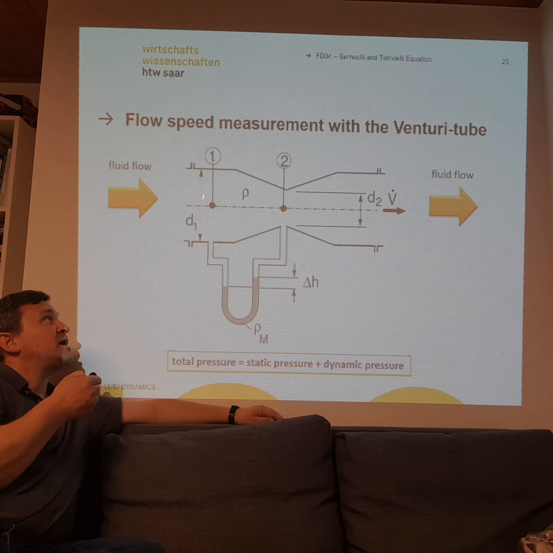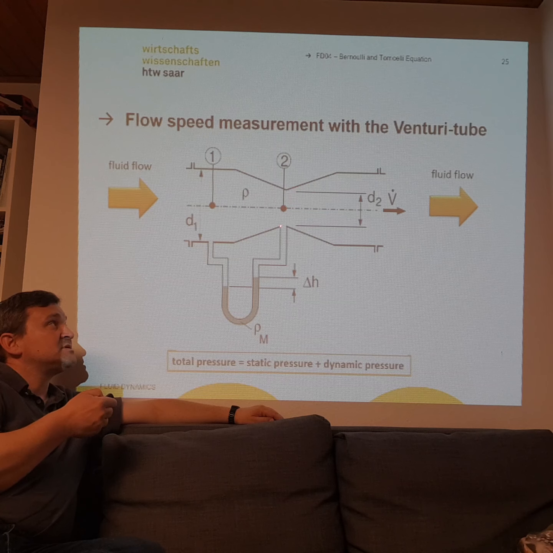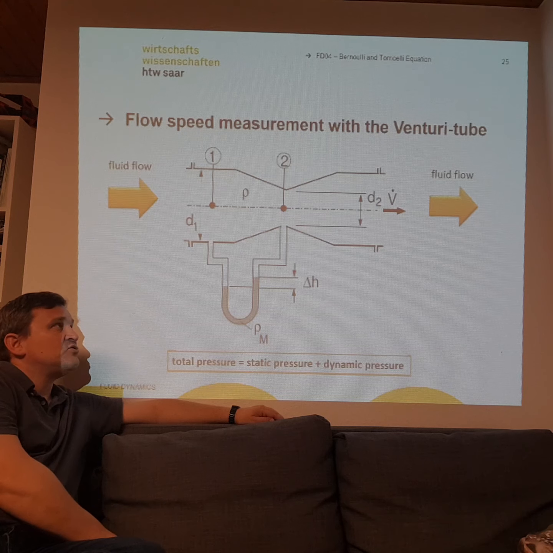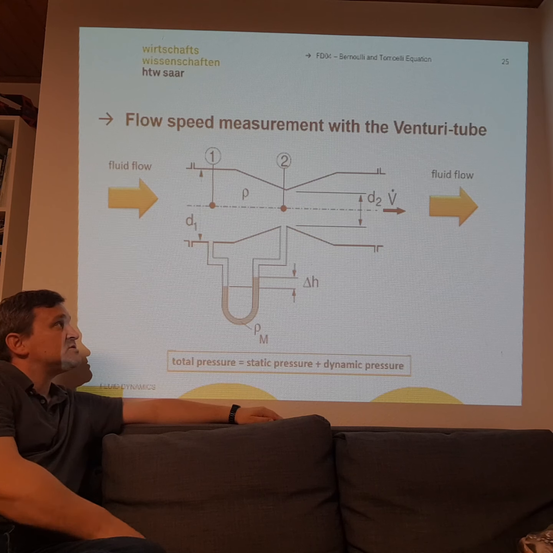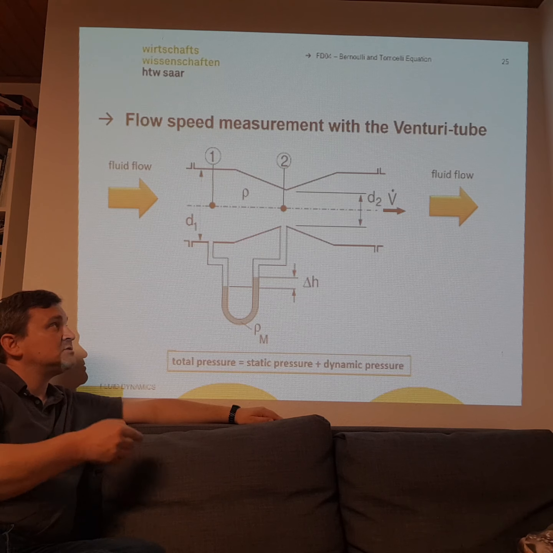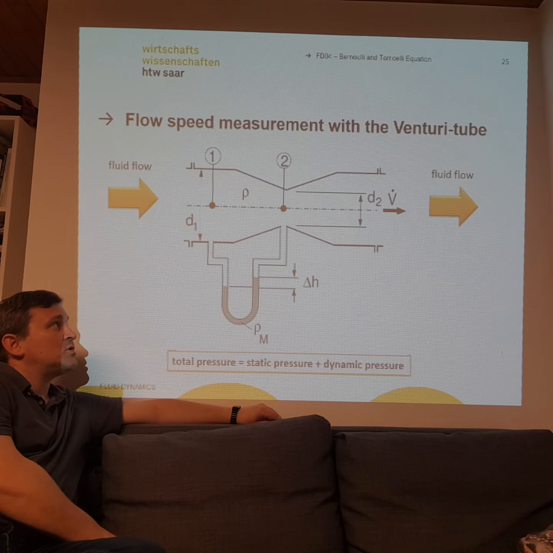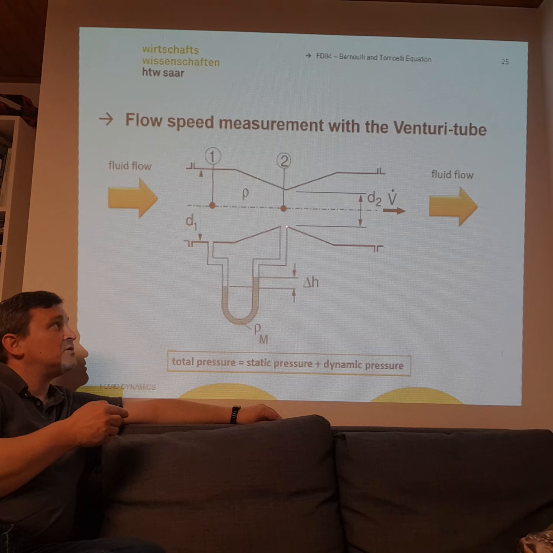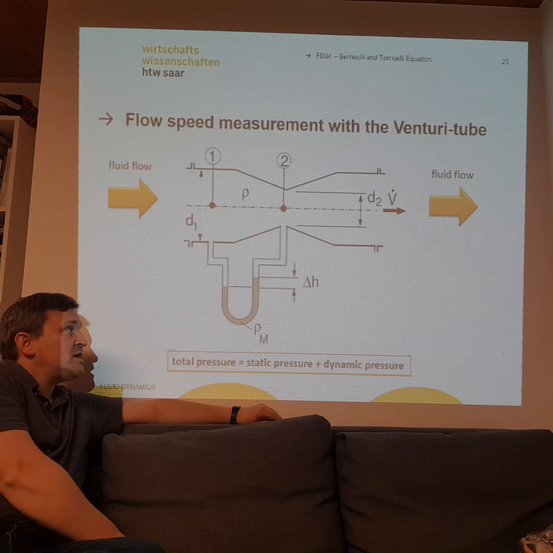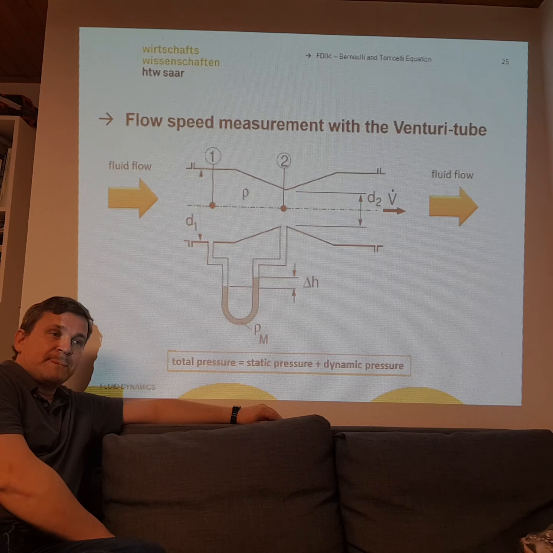Here the pipe is wider, here the pipe is a bit more narrow. In many cases the Venturi tubes are more rounded, but it doesn't matter, it will work also if it's not so rounded. You have this smaller diameter, you have this higher diameter.